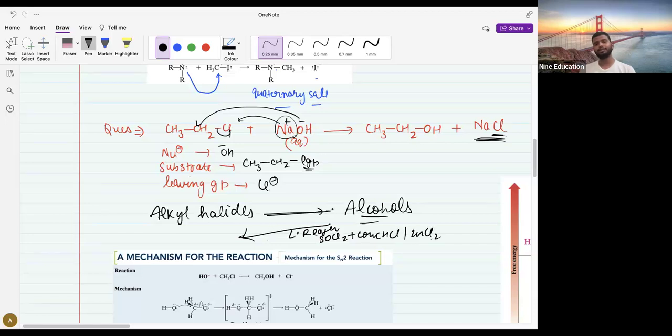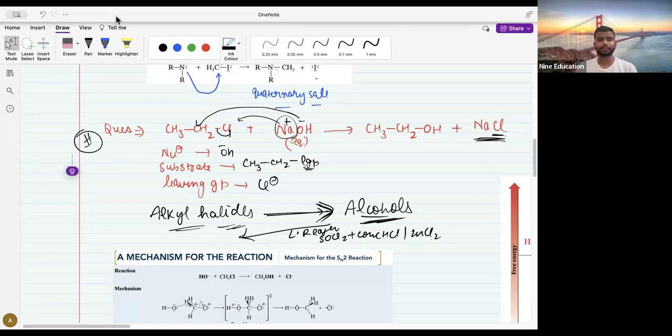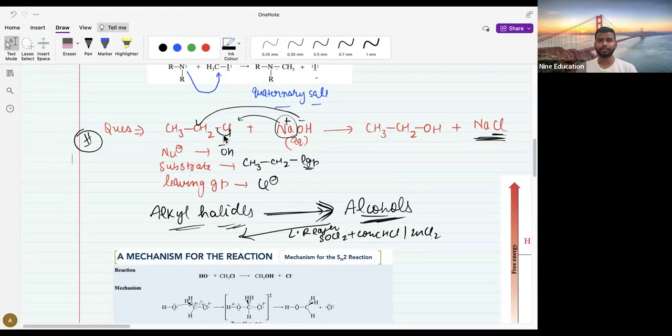But in this class, we will study alkyl halides to alcohols. Write this example in your copy, beta.